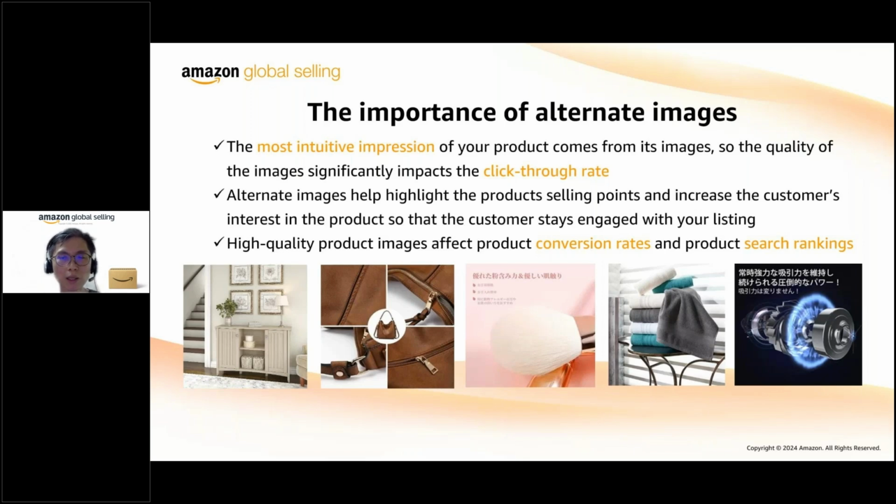The alternate images are something you can be more creative with. It doesn't need to be a full white background. You can see some of these examples over here. It might not be in English; we took them from our Japanese site, but the idea is there.